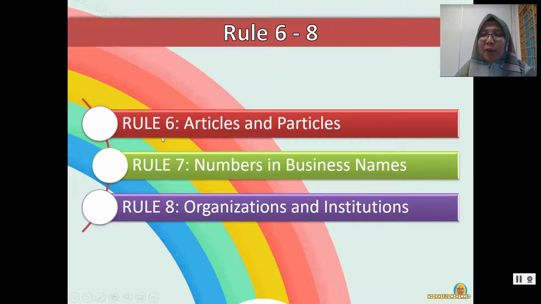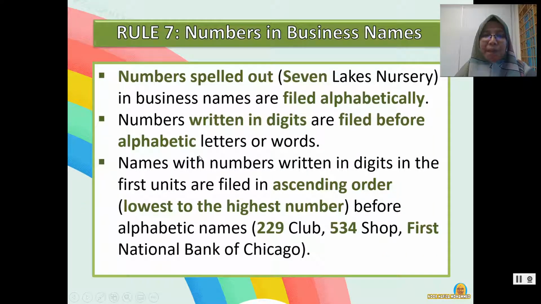Okay, next we are going to proceed to rule number 7. Rule number 7, numbers spelled out. For this one, it is Seven Late Nursery.